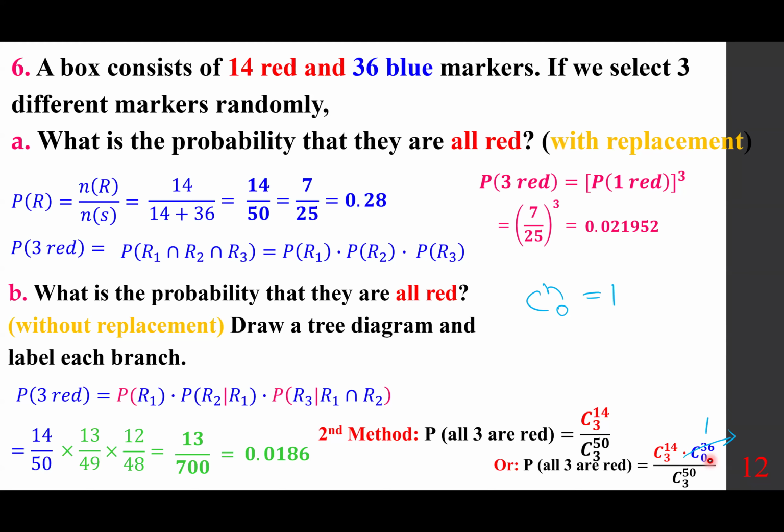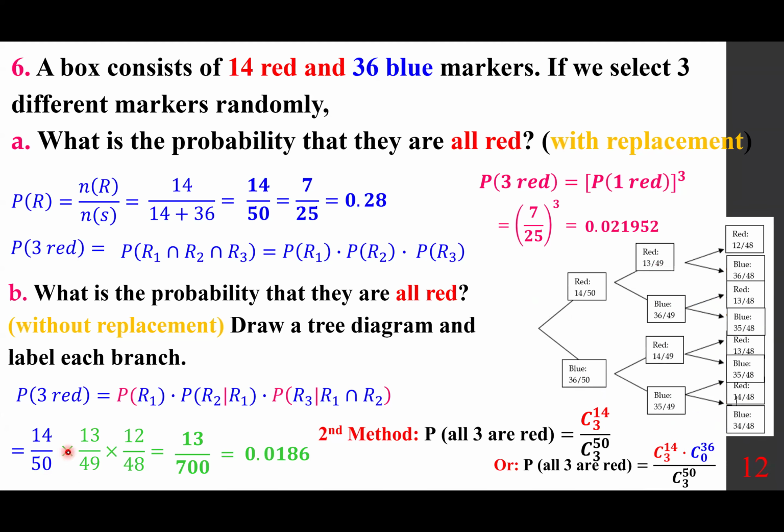Let me erase my work, and I want to show you. This is very important. The tree diagram. Just look at the very first one. 14 out of 50 is red, 36 out of 50 is blue, and you're done. When you go to the second stage, the denominator for all of them is 49. For this one, 1 red is gone, so it goes to 13.